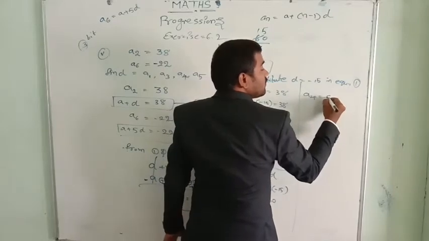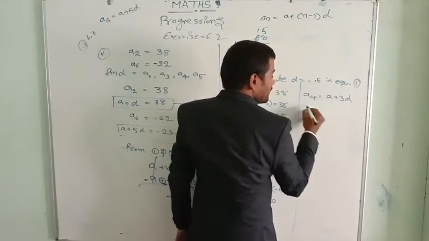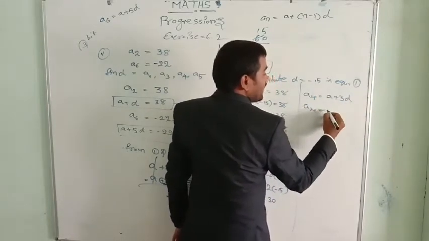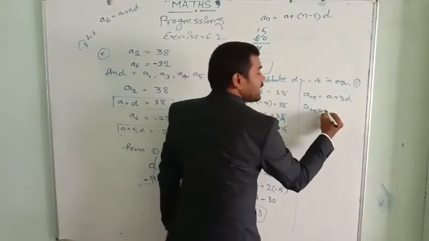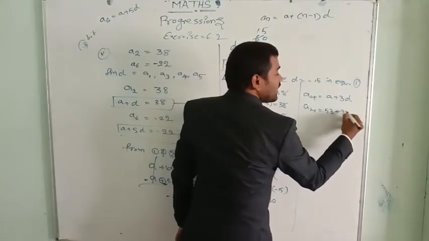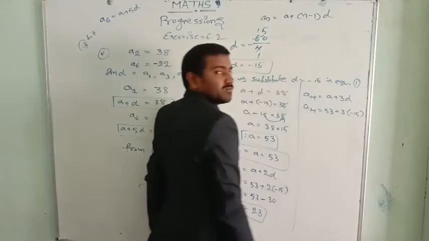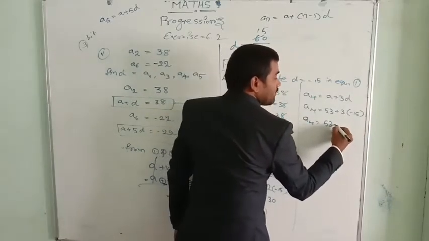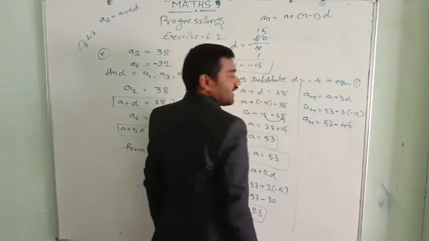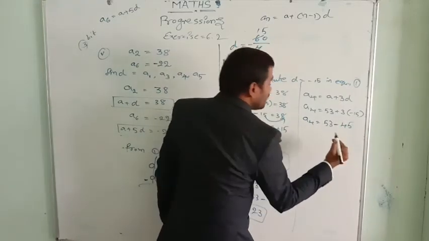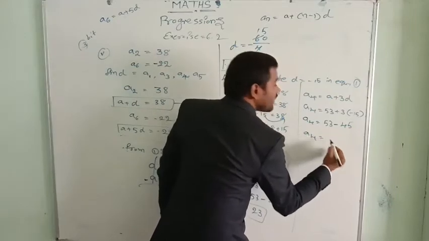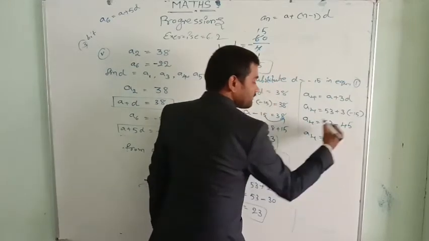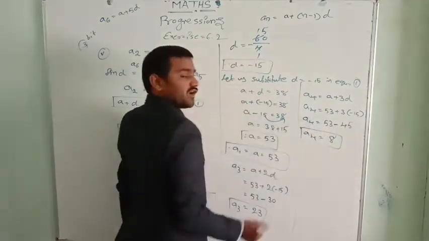A4 is equal to A plus 3D. So A4 equal to 53 plus 3 into D value, which is minus 15. So A4 equal to 53 minus 45. 3 into 15 is 45. So here A4 equal to 8.